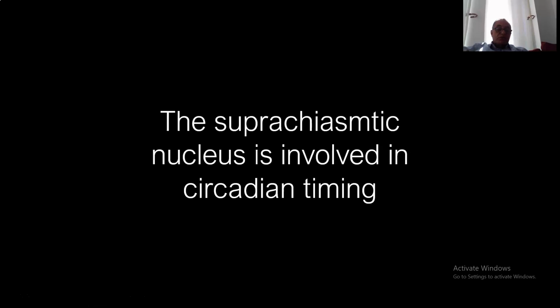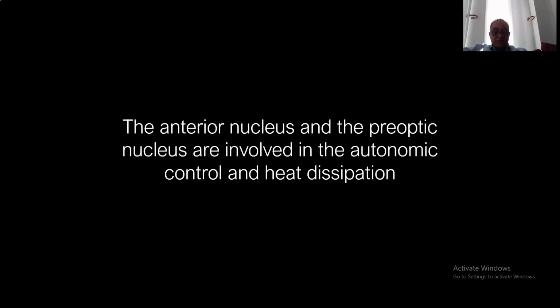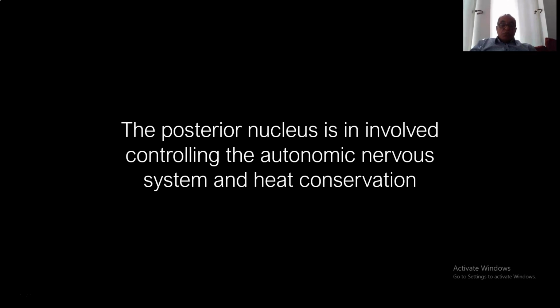The suprachiasmatic nucleus, as we said, is involved in circadian timing. The anterior nucleus and the preoptic nucleus are involved in the autonomic control and heat dissipation. To dissipate heat or to conserve heat, you have to have an autonomic control. The posterior nucleus is involved in controlling the autonomic nervous system and heat conservation.